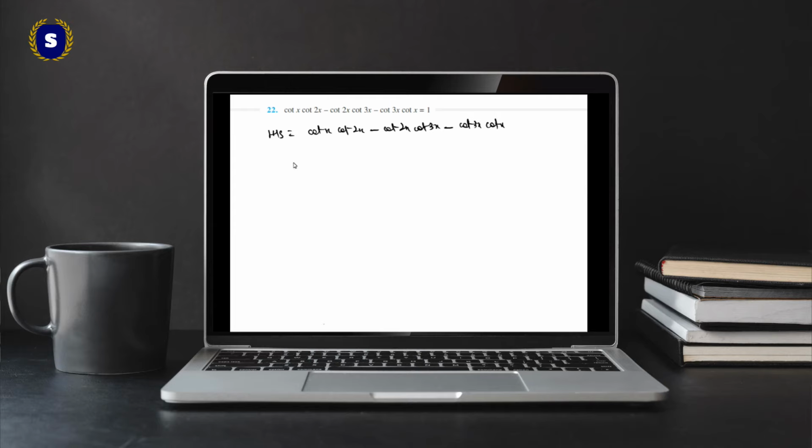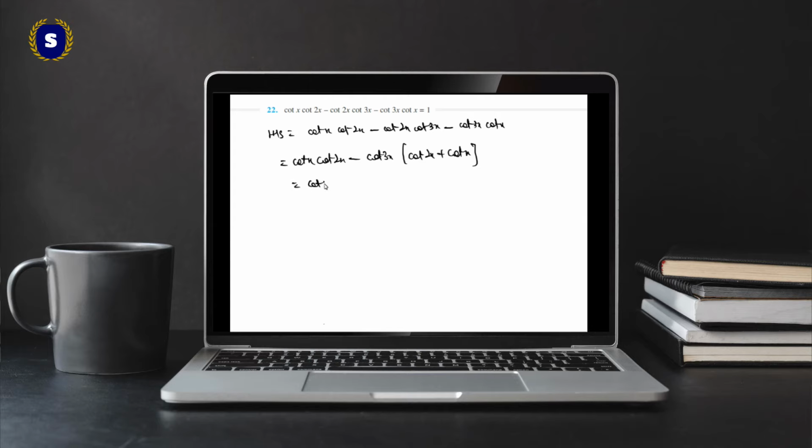Let's solve the last 2 terms first. So cot x cot 2x, taking the minus cot 3x common, we'll get cot 2x plus cot x, right?